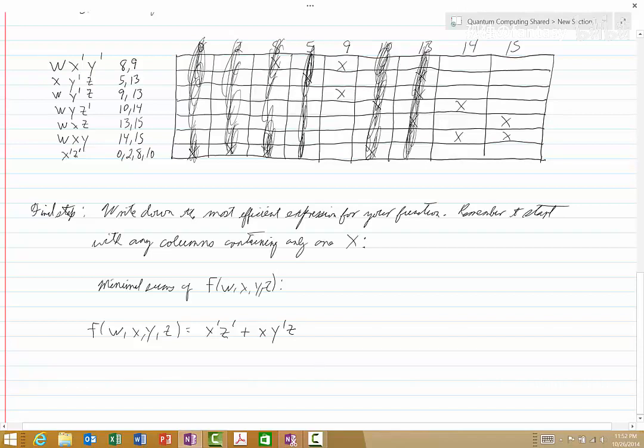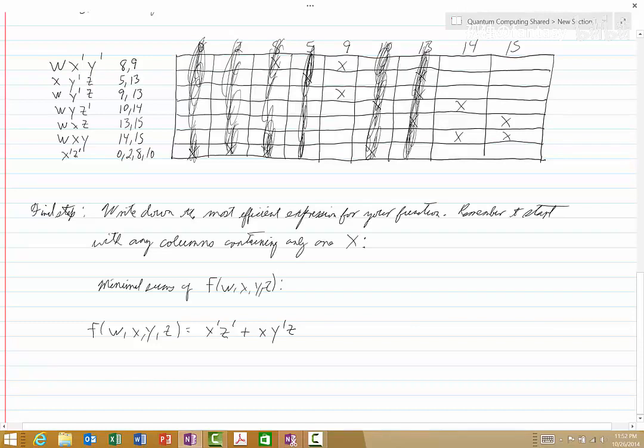The same is true if you choose the 9-13 term. You would only knock out one. Or the 10-14 term, you would only knock out one. But if you choose this 14-15, you'll knock out two terms here. So let's go with that.